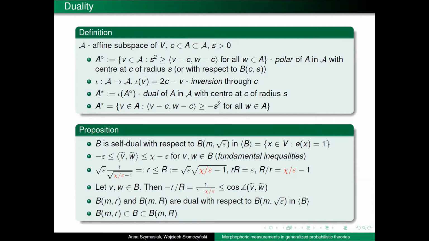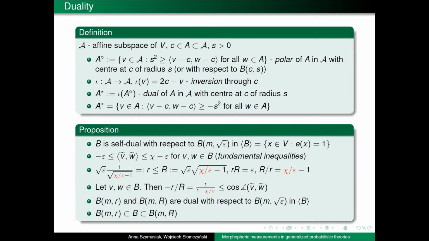Taking the inversion operation on this polar, we obtain the dual set to A, which is probably most easily described by such a set of inequalities.